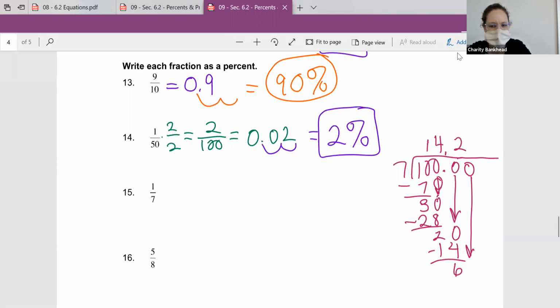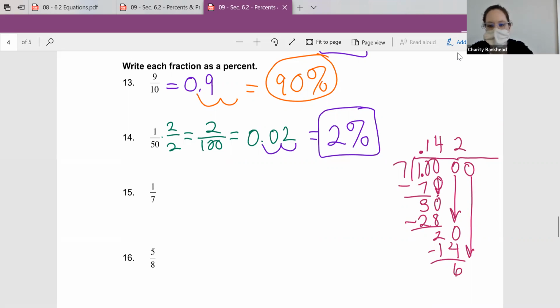Oh, wait. Hang on a second. I don't know why I wrote 100. I should have just done 7 into 1, but it's basically the same thing. I just have my decimal point in the wrong spot. Decimal point should actually be right there. So it should be 0.14.